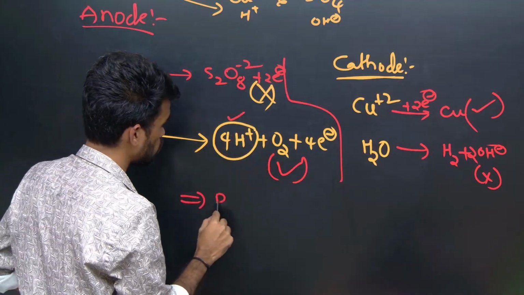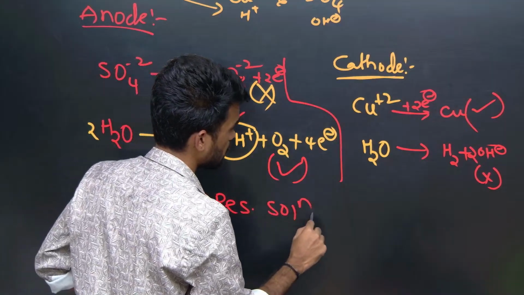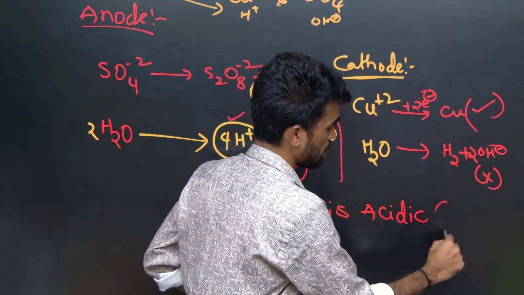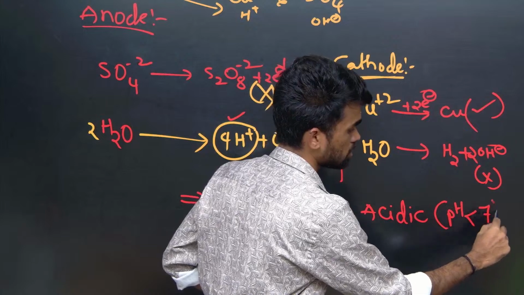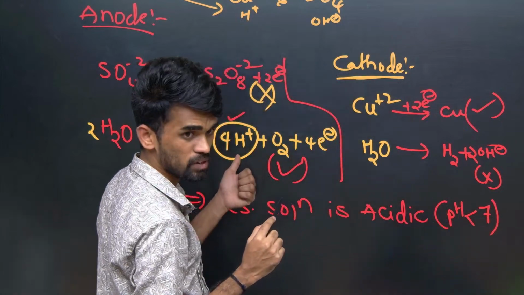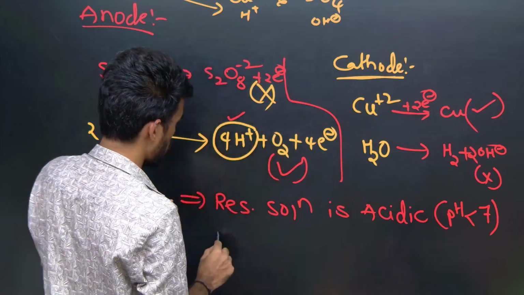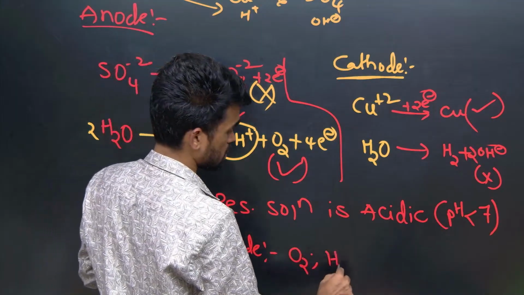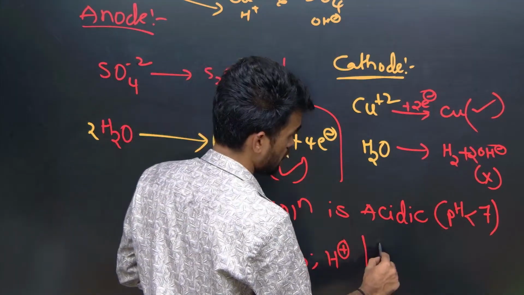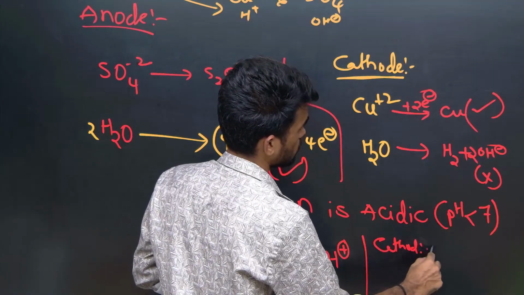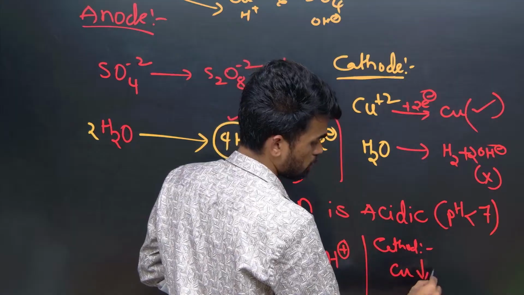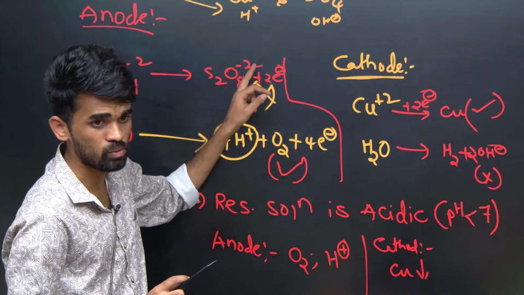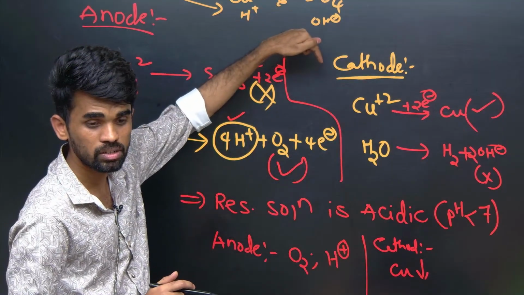So the resultant solution is acidic, you should say, or you can say pH value is less than 7 because these H plus ions are formed here. So what are the products at the anode? Oxygen gas is released and H plus ions are formed, you should say like this. And at the cathode, copper is getting deposited. So this is the story of aqueous copper sulfate solution using inert electrode.